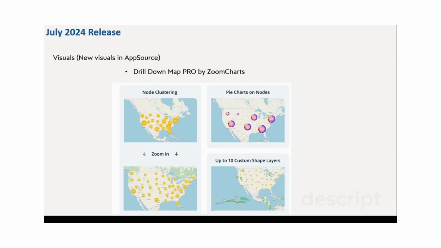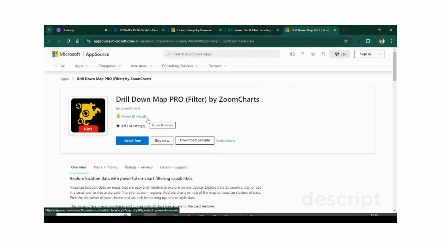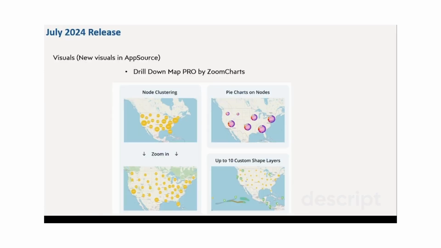Pick the tile server of your choice and use rich formatting options to style the data. You can check that. So this is the new visual that has been added. You can also acquire this visual through Power BI Desktop. How to do it? You can check section 9 video 59 for more details.